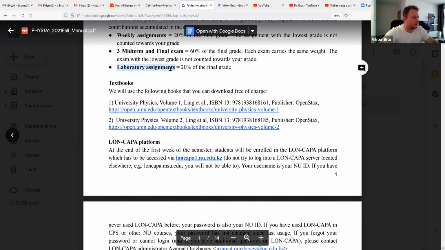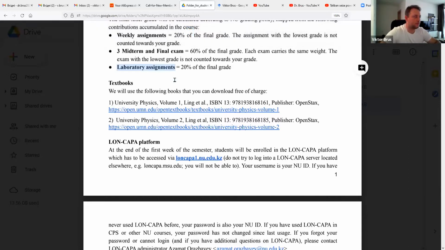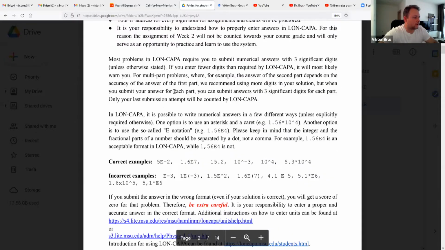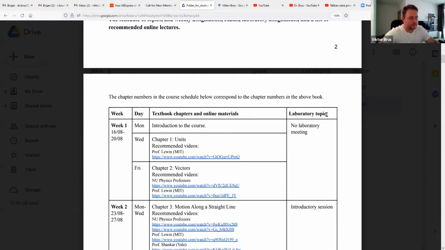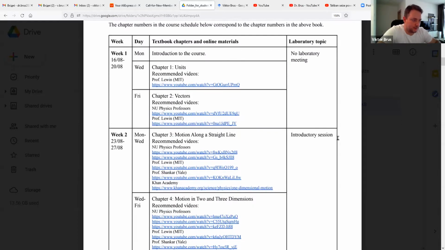The last, third component of your grade will be based on laboratory assignments. And this provides also 20% of the final grade, as weekly assignments. So starting from first week, let's say here in this table, in the schedule of the course, we have a column responsible for laboratory work. We see there is no laboratory meeting during first week. Then you will have this introductory meeting during second week.